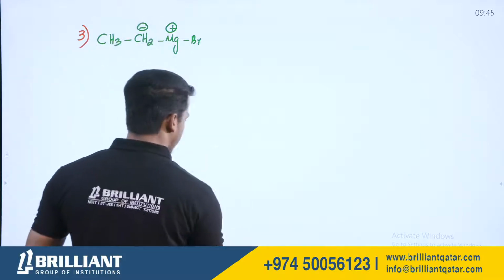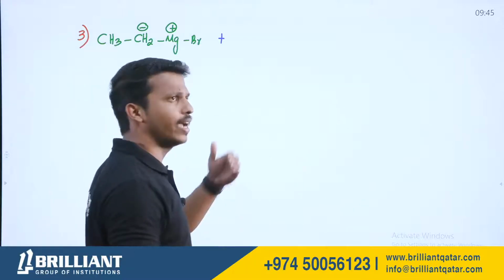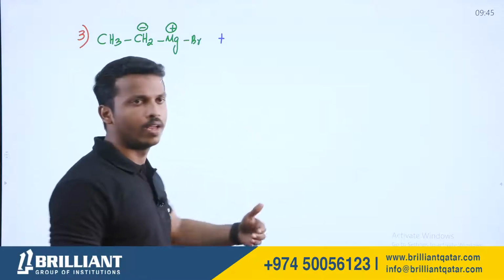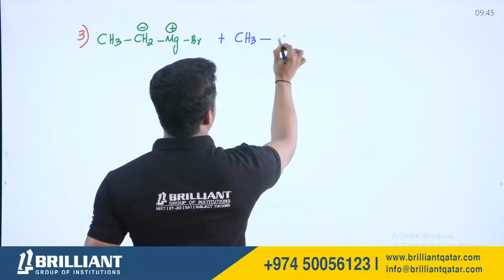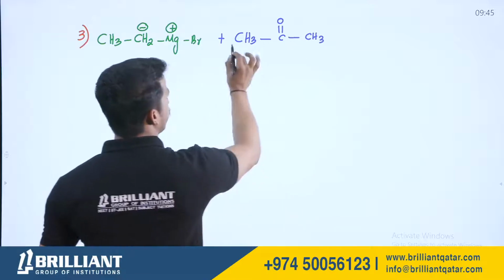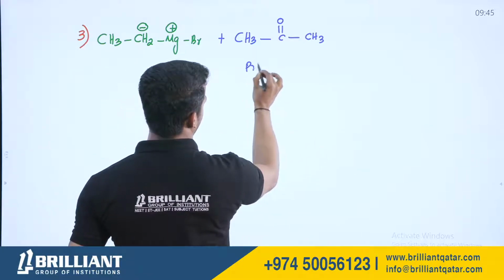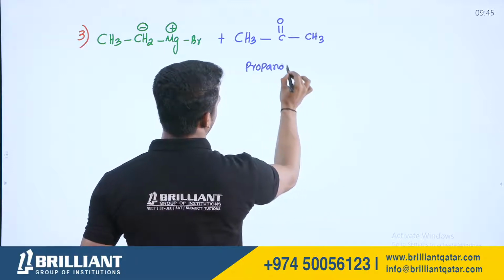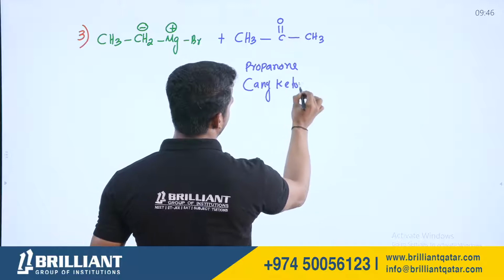Let me treat our Grignard reagent with a ketone; aldehydes are over, right? Here we are taking a ketone, any ketone we can select. What is this ketone called? Two carbons with a central carbon, the second carbon is the ketone. We can call it propanone or propan-2-one. So we can take any ketone.